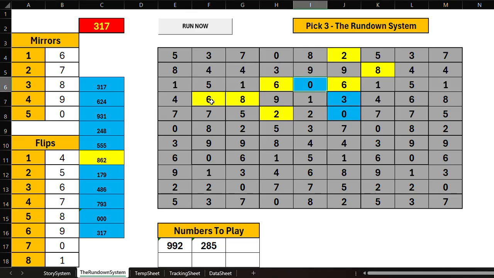300. 682 is here, 682 is here, but the 682 comes down from this side and is also attached to the 682 over here as a straight number. 82.